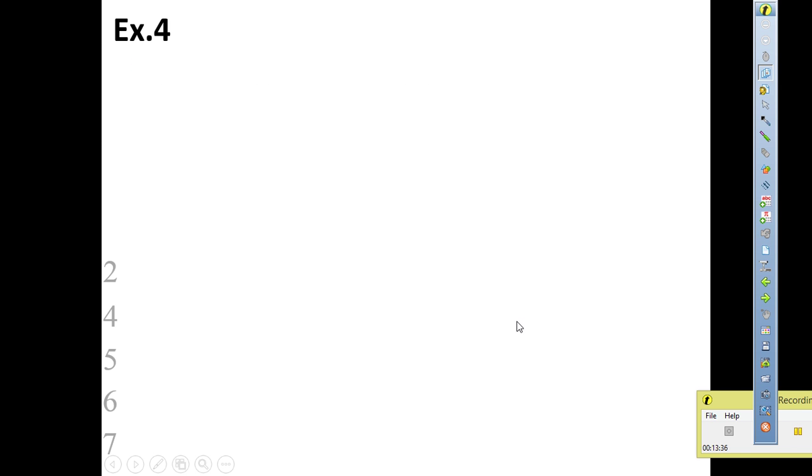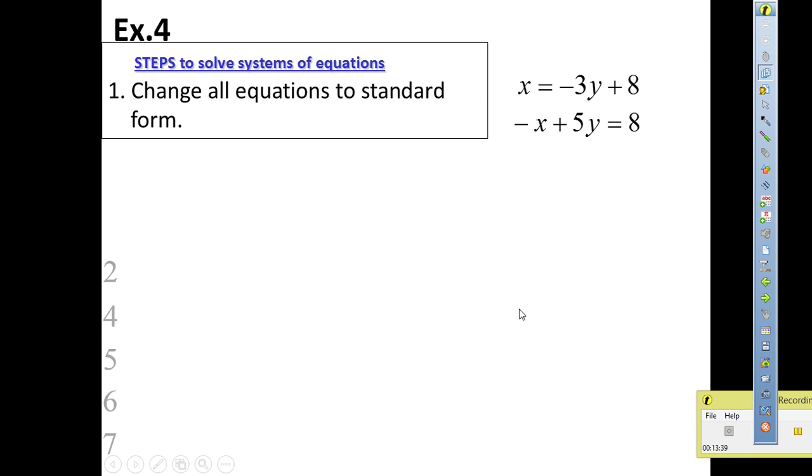Copy this one. x equals negative 3y plus 8, and negative x plus 5y equals 8. Copy that and solve. I'll give you a minute. Ready, go.